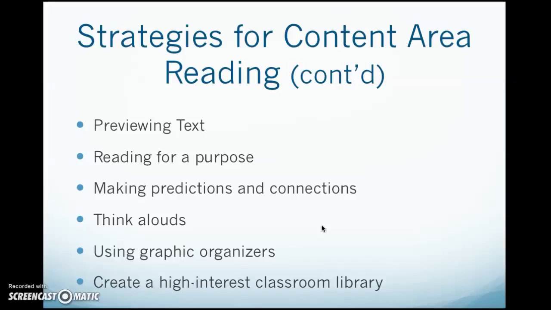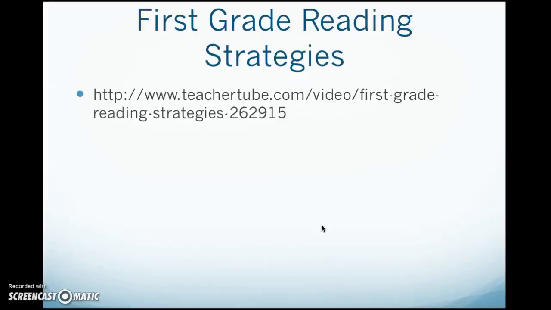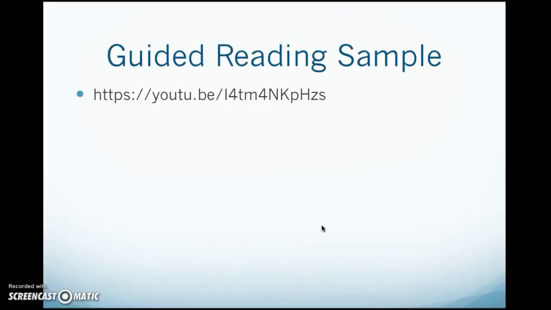The last one's very, very important, creating a high interest classroom library, because if there's something there that the students will want to read, then they're more likely to pick up the book to read. A graphic organizer would be like a KWL, or I'm going to show you something called the flip strategy a little bit later, which helps to preview. And these are all very important ways to integrate content area reading into your classroom. And I'm going to show you the videos a little bit later when I show you the website.